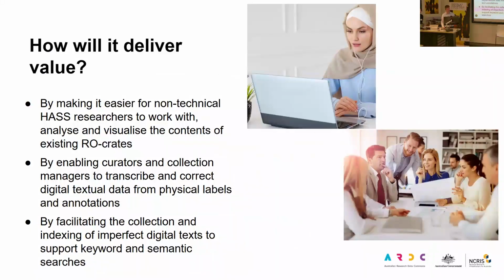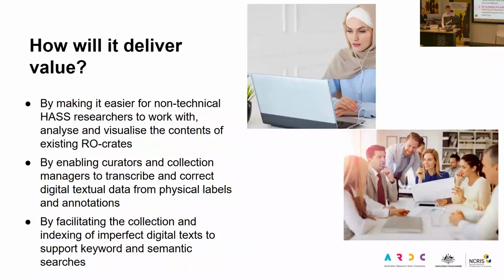Okay, so just to reiterate the value again. So first, by simplifying how non-technical researchers interact with, analyze, and visualize the contents of existing RO crates. This builds on the excellent foundational work of the University of Melbourne and other collaborators. Second, it will empower curators and collection managers to transcribe and correct digital textual data from physical labels and annotations within their collections.